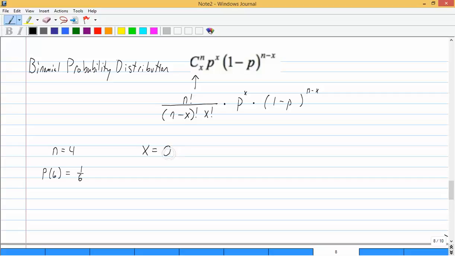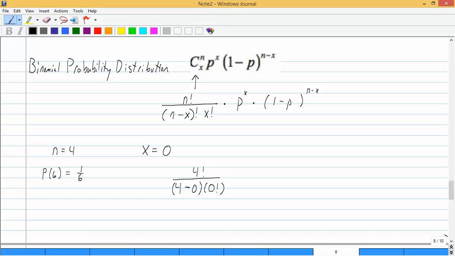Then I would have to say, okay, 4 trials, so I'm going to have 4 factorial divided by 4 minus, how many times do we want to get a 6? 0, times 0 factorial.